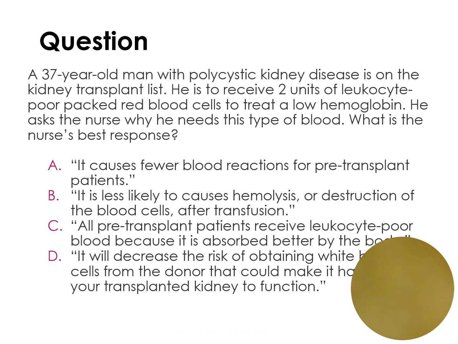Is it less likely to cause hemolysis, or destruction of the blood cells, after transfusion? Is it that all pre-transplant patients receive leukocyte-poor blood because it's absorbed better by the body? Or is it that it will decrease the risk of obtaining white blood cells from the donor that could harm your transplanted kidney?